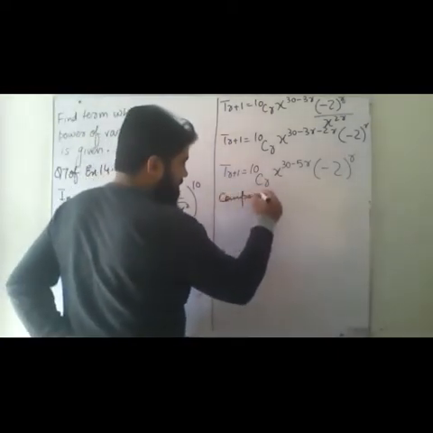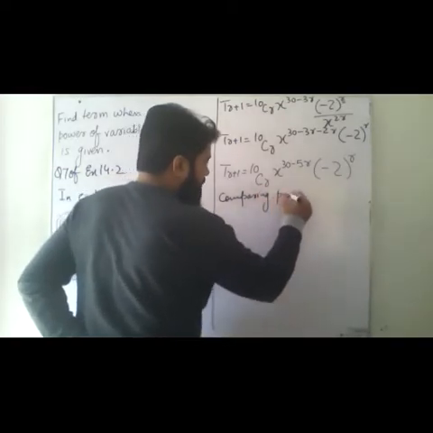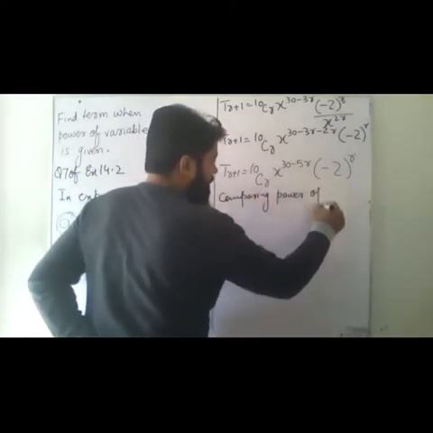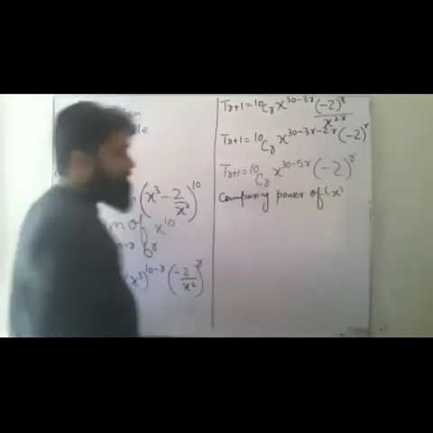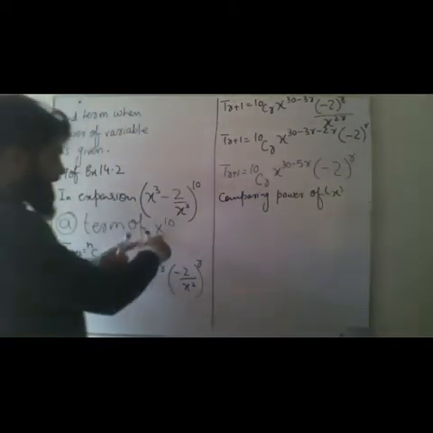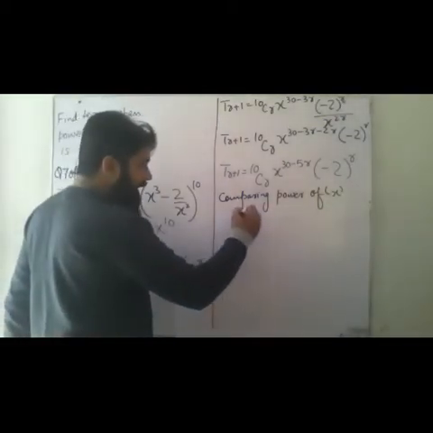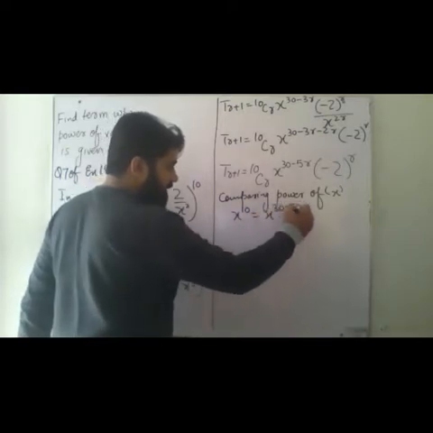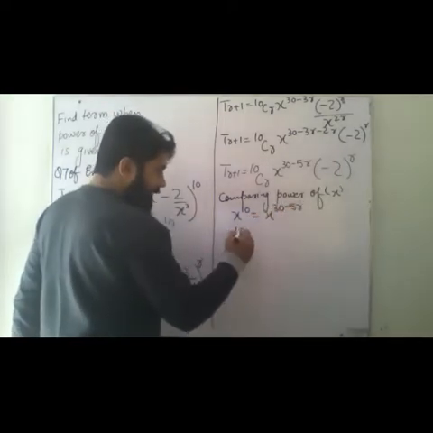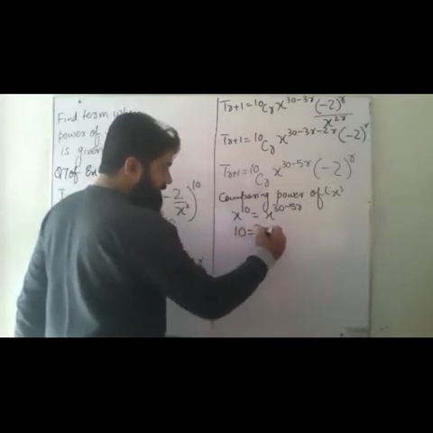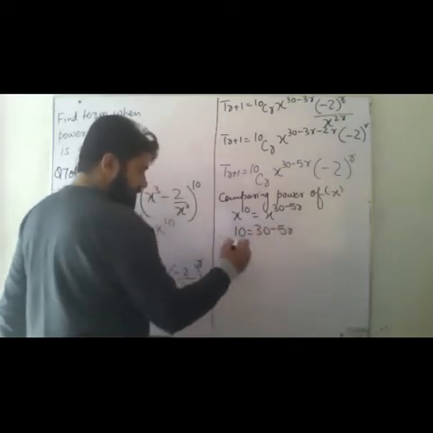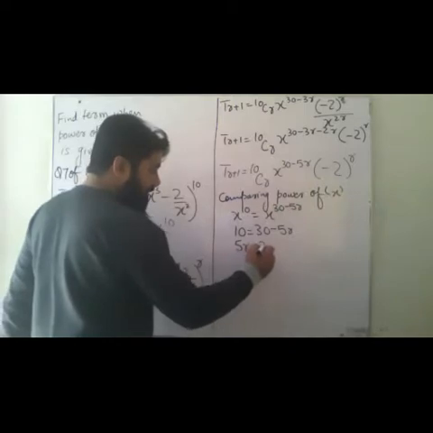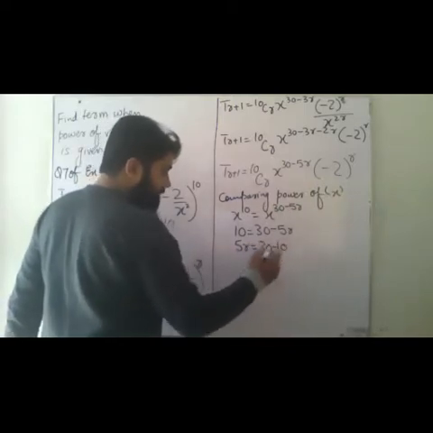So I am going to compare the power of x. So what will happen? This will be x power 10 equals x power 30 minus 5R. When I simplify it, 10 equals 30 minus 5R. 5R equals 30 minus 10.